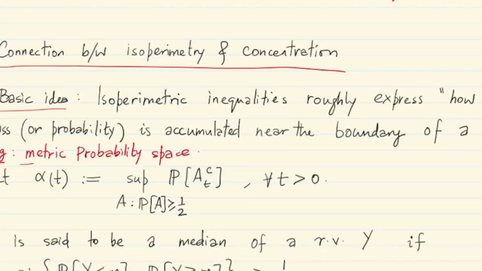So we are imagining a space that is endowed both with a probability measure as well as a metric. So here we are trying to define alpha of t as the largest probability of the complement of the t blow up of any set which has probability at least half, for every t greater than 0, and alpha of t is also called the concentration function.